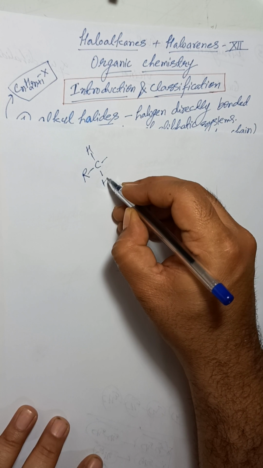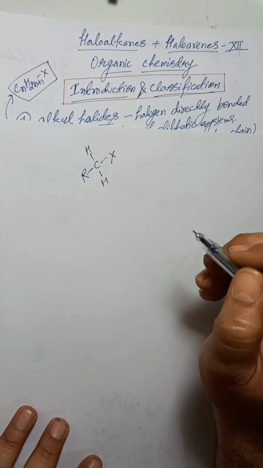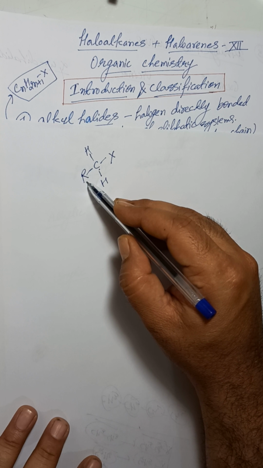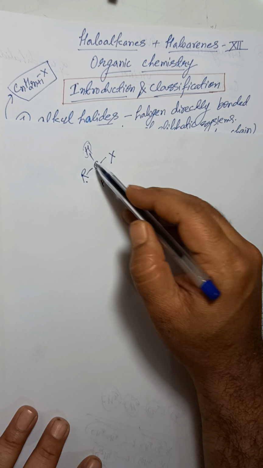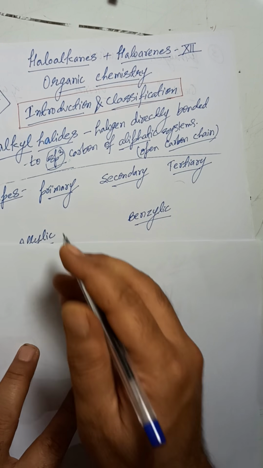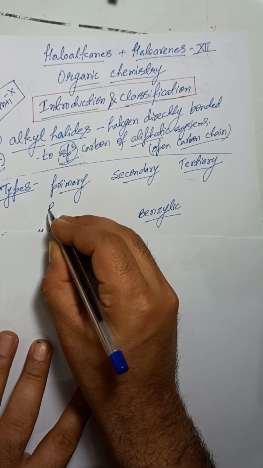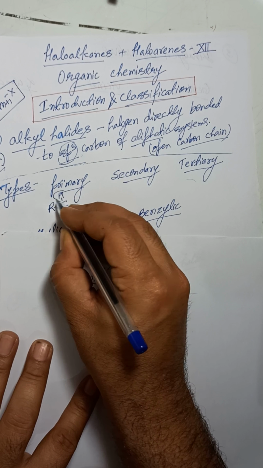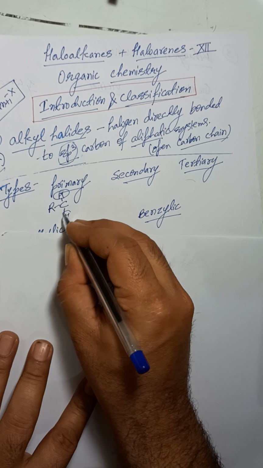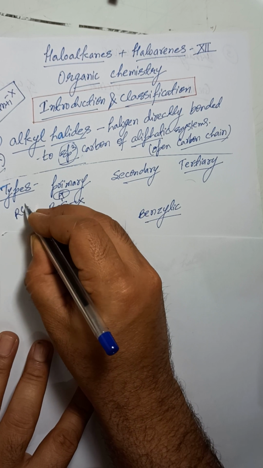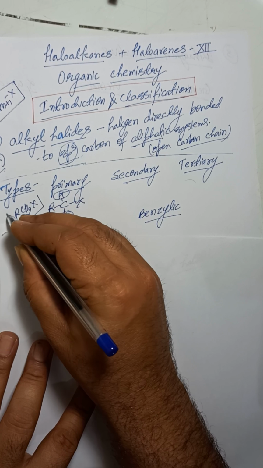There are two hydrogens attached and this is X. The remaining valencies are hydrogens and the halogen. So primary is R, C, H, H and then X. Simply I can say RCH2X.